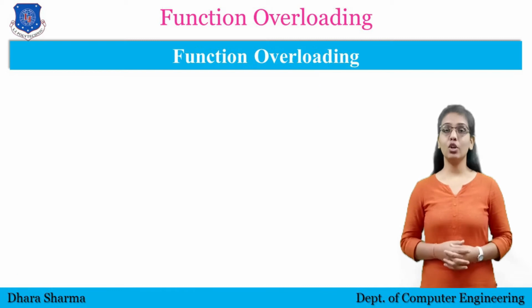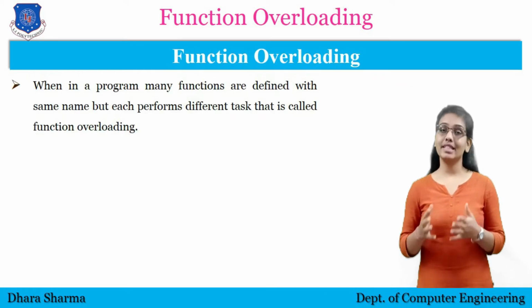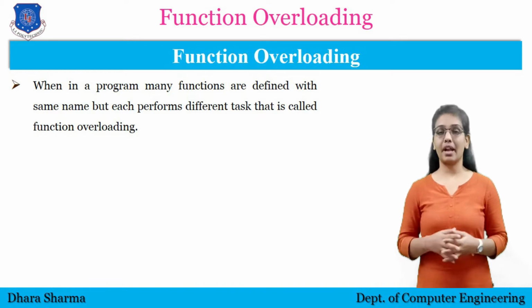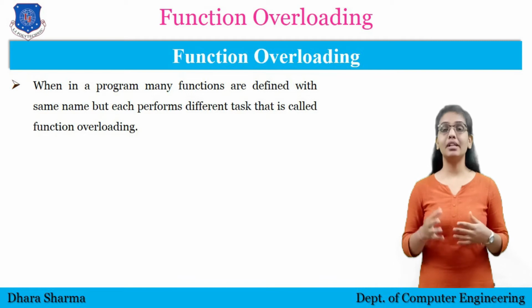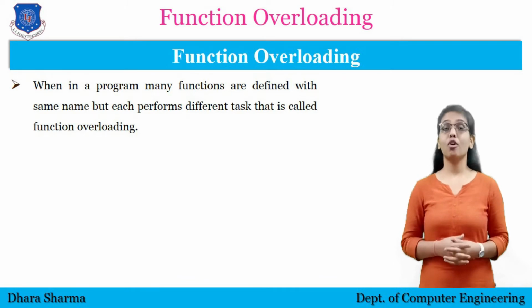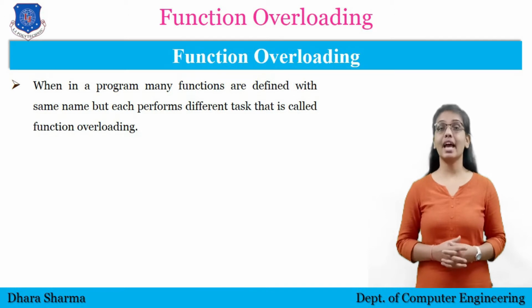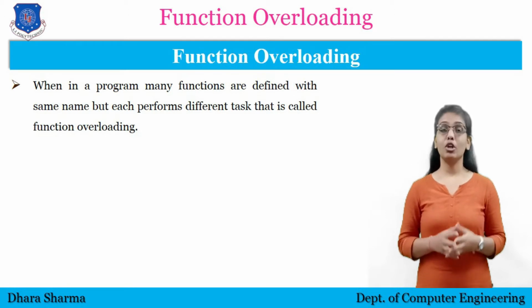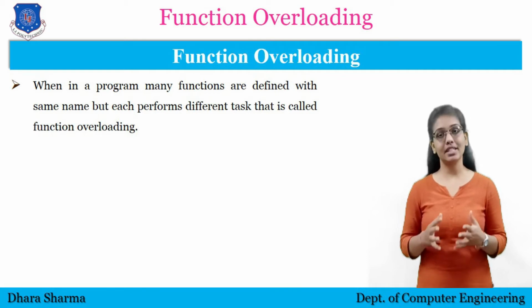Function overloading means we can have functions with same names but different parameters. In C programming language, we cannot have multiple functions having same name. But because of the feature polymorphism in C++, we can have multiple functions having same name.